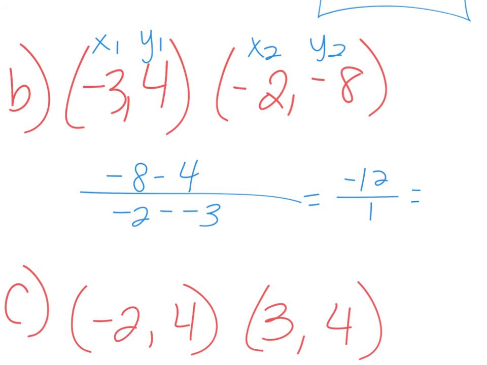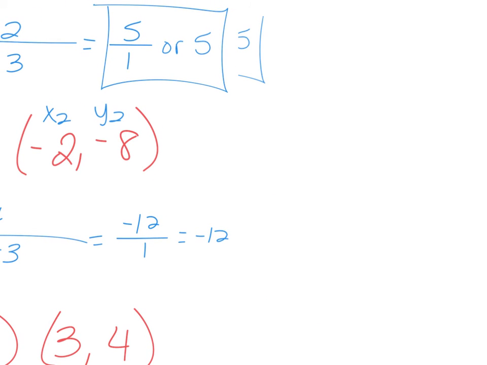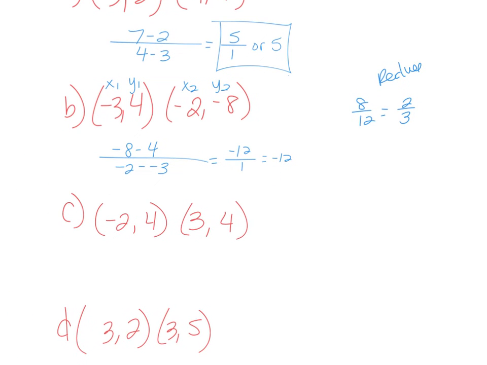So this is -12 over 1, which is -12. If, for example, I had one that was a fraction, say you got 8 over 12 or 12 over 8, you need to always reduce or simplify, however you say it. So this would be 2/3. Okay, and if you're not great at reducing, put it in your calculator. Decimals will do it for you.